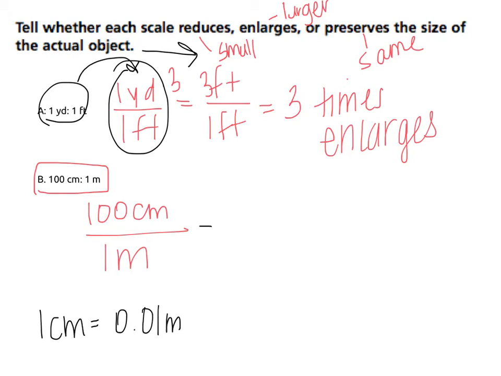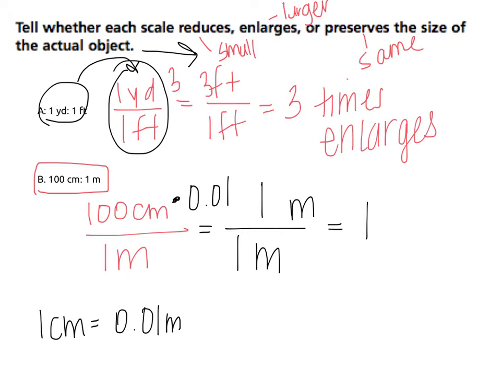And since meters is in the denominator, we want to keep 1 meter in the denominator. So we're going to multiply our numerator by 0.01. And that's just converting it to meters. And when you do that, you end up getting 1. And 1 over 1 equals 1. So since this equals 1, it's going to keep it the same, or it's going to preserve the object.